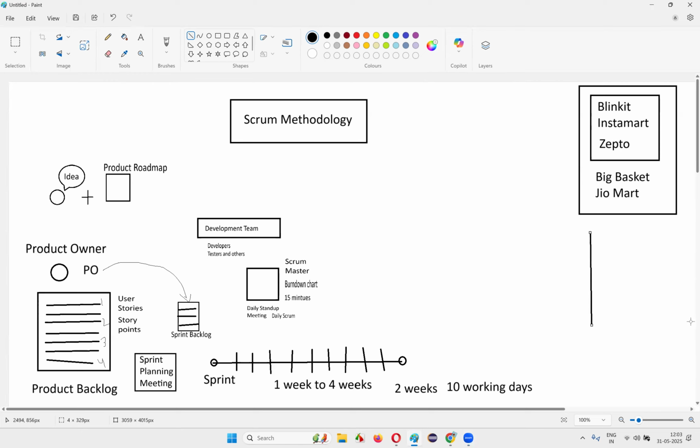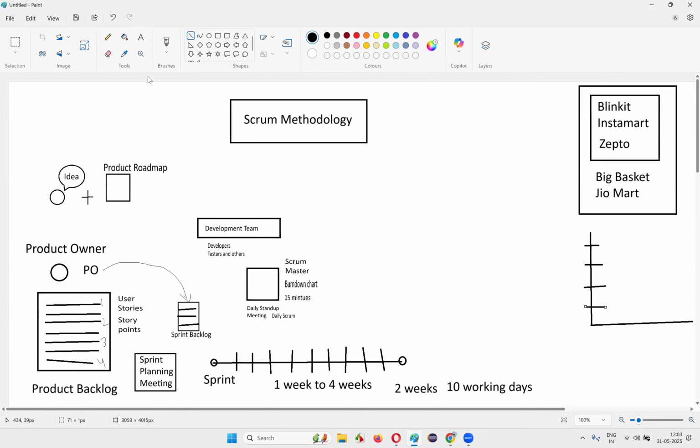Okay, burn down chart will be like this. Here vertically, story points. For example, 15 story points, 10, 5. Otherwise, 15, some story points like this will be there. 0, 1, 2, 3, 4, 5, 6, 7, 8, like 15 story points will be there on the vertical side.